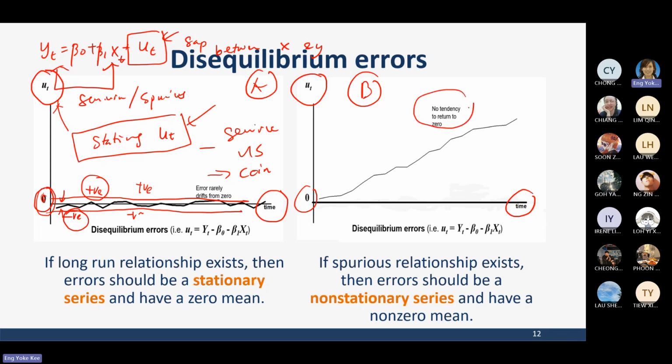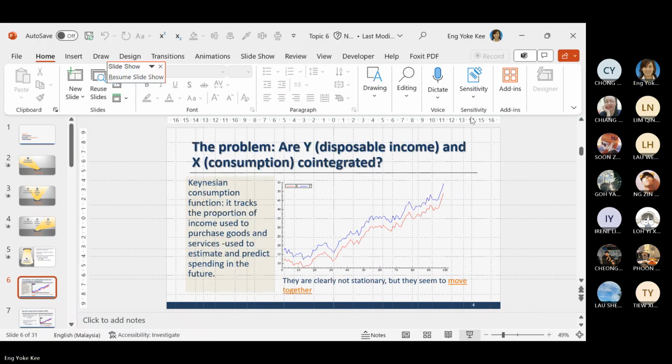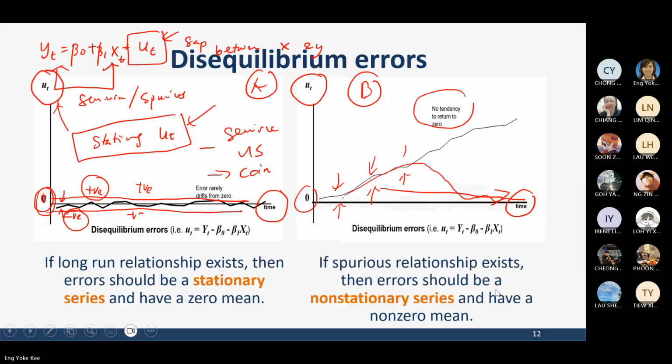There's no tendency to come back to 0, which means that the difference between you and your girlfriend is getting bigger and bigger over time. You are not meant for each other. So this is no co-integration. No long-run relationship.